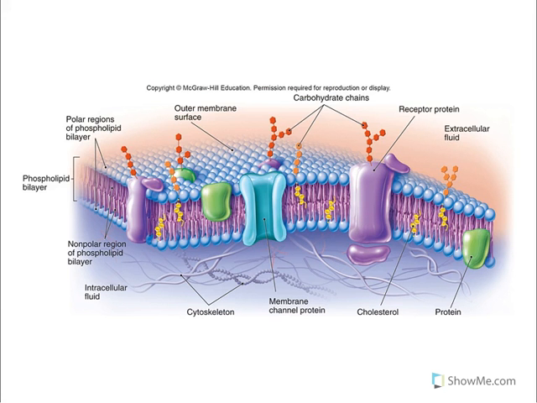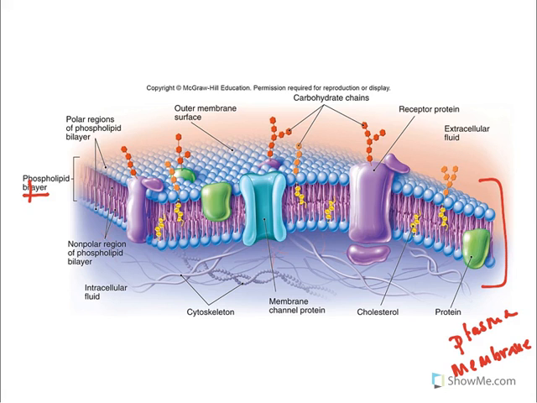So kind of here's what it looks like. Here we've got a zoom in, so this whole thing is the plasma membrane. So we learned that there's a couple different parts. We've got our 2 layers of phospholipids. You notice it says phospholipid bilayer. Bi means 2, right?